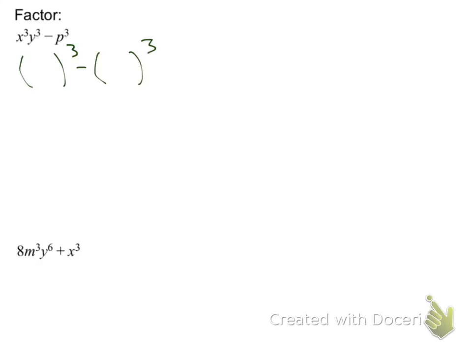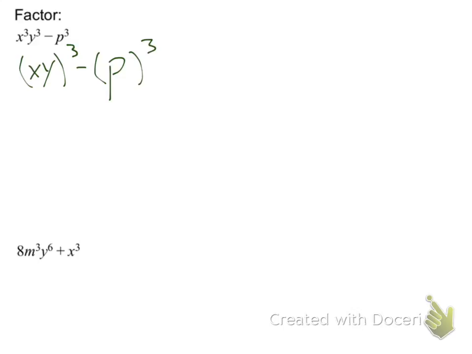So what's being cubed to get x cubed y cubed? xy. Because a power of a product would tell me I would take that cubed and basically distribute to the x and the y. What's being cubed to get p cubed? P.